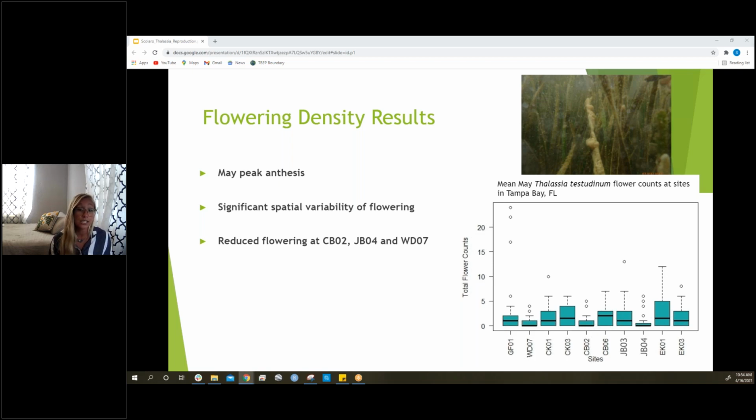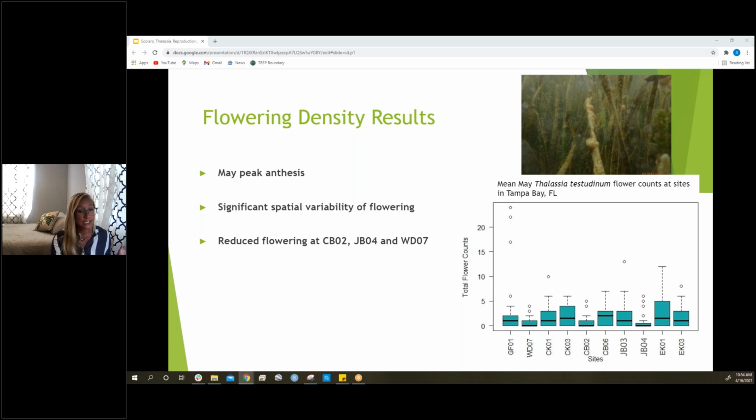Additionally, freshwater pulses have been known to result in stress-induced flower senescence, which was observed in Tampa Bay in the 1970s. This data suggests that salinity is likely the strongest condition limiting flowering in Tampa Bay.